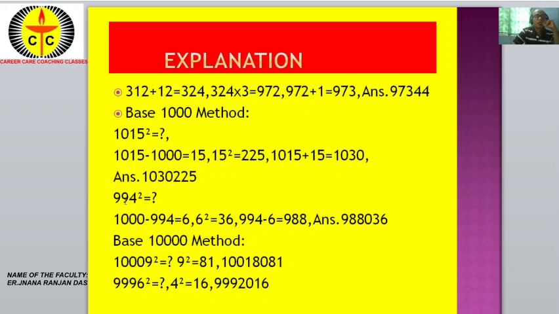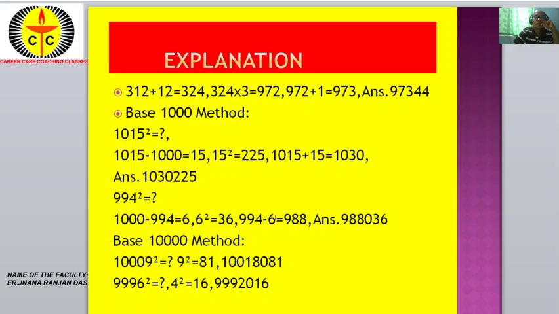Similarly, we can take another number, 994. To find its square, subtract 994 from 1000, this is 6, and this becomes the square of 6, that is 36. We subtract 6 from 994, this is 988.